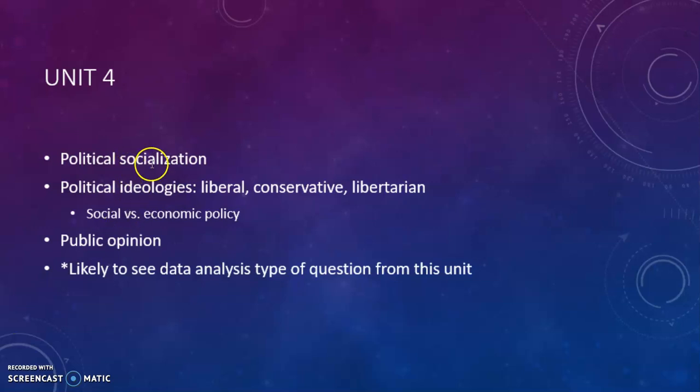Now going into Unit 4, political socialization, we are talking about various influences and factors, mainly the family, that are going to really determine your political ideology. Now in terms of liberals, conservatives, and libertarians, very important to know in this unit: liberals want more government intervention when it comes to the economy, for example regulation, but they want less government intervention in social areas.